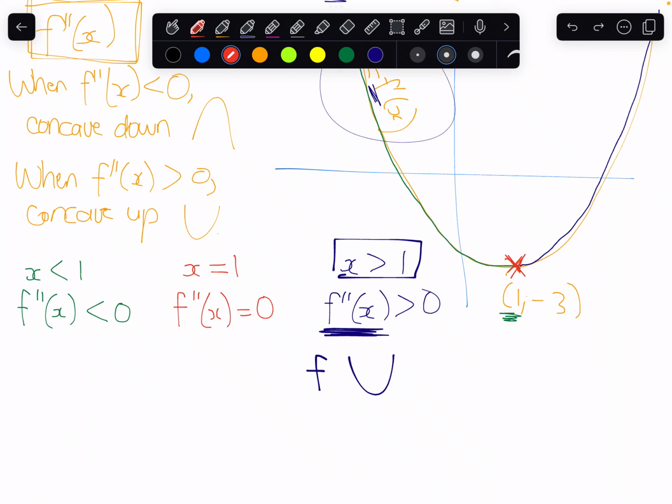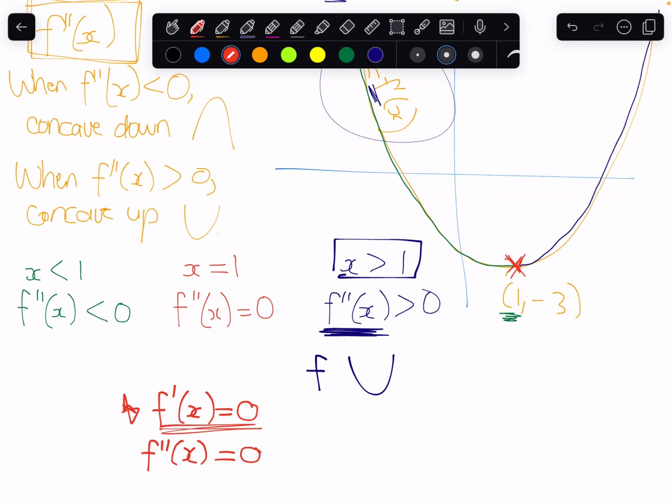And that means that at that point, we know that sometimes we have situations where f prime x is equal to 0 and f double prime x is also equal to 0, in which case this is a turning point.